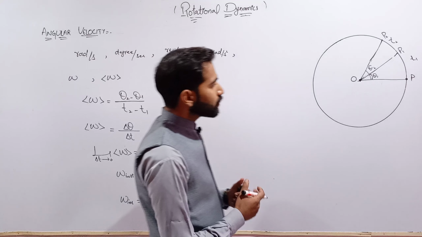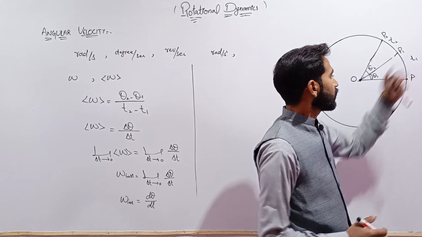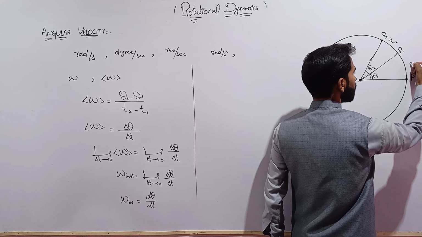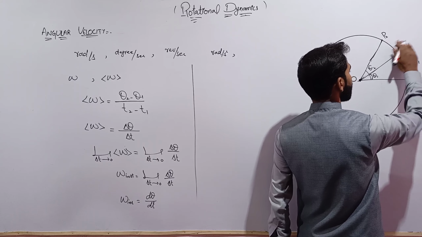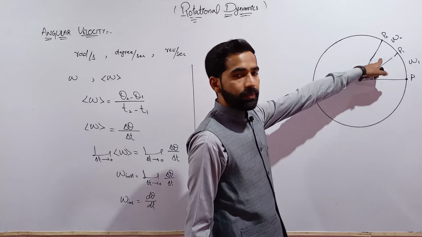For angular acceleration, say the angular velocity is omega 1 at time t1 and omega 2 at time t2.